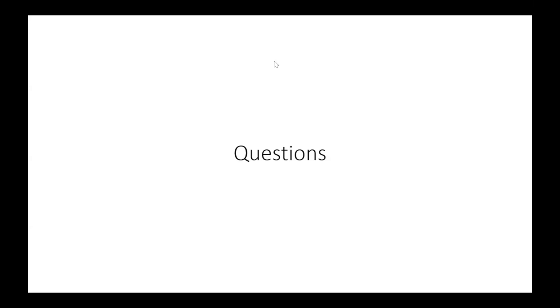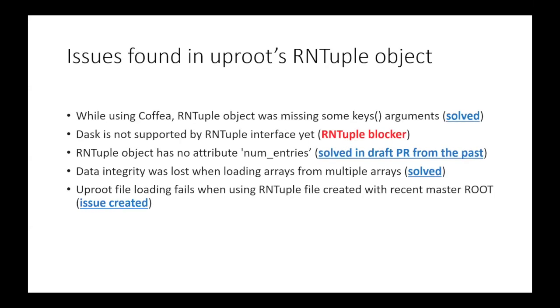A couple of things I want to ask is if these issues that you sorted in Uproot have been released. So if I pull the latest Uproot, will it have the issues found on your slide 8? Good question.